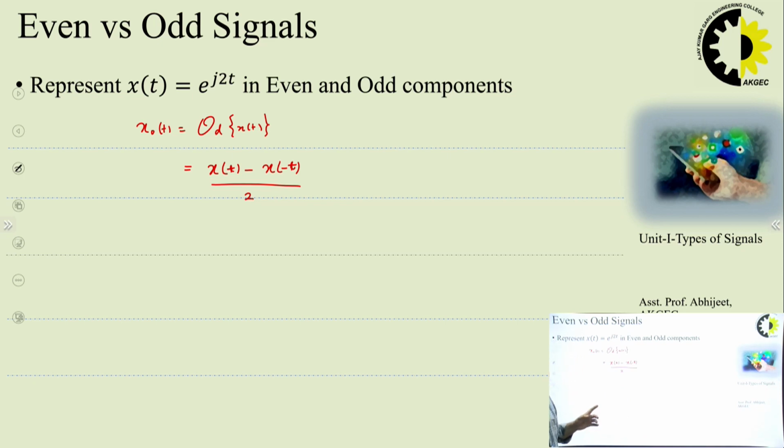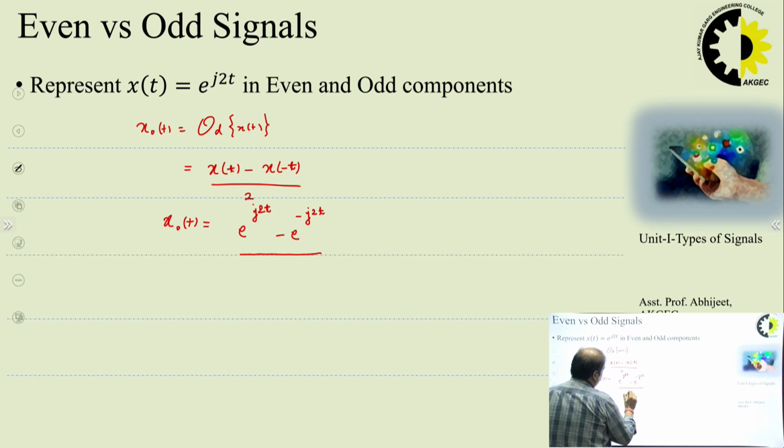So if we use this definition and substitute the value of x of t, we will get the odd component of x of t as e raised to the power j 2t minus e raised to the power minus j 2t upon 2.